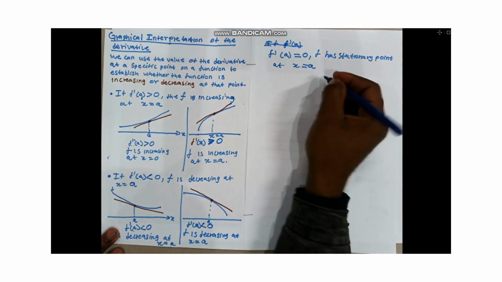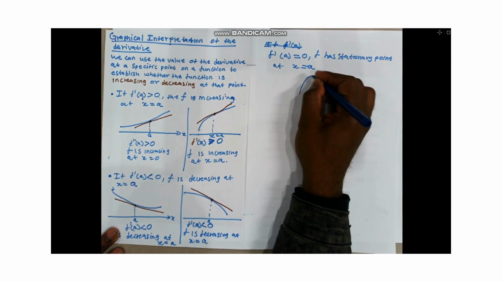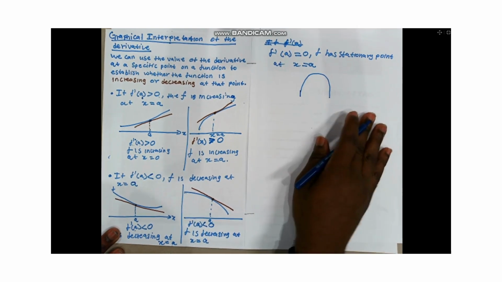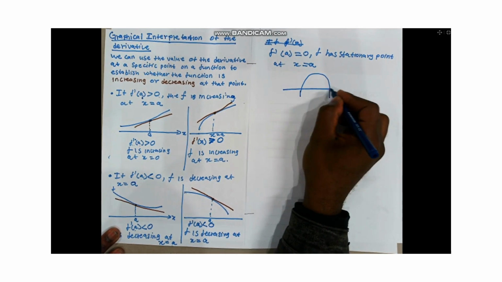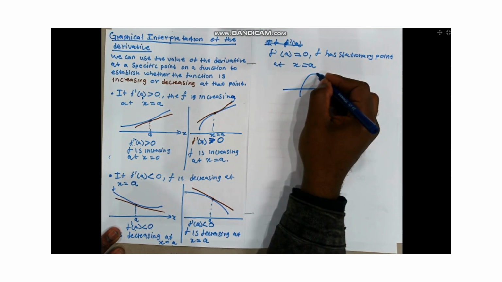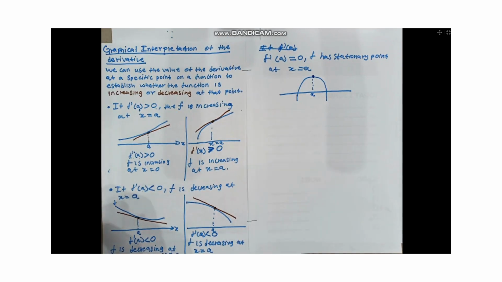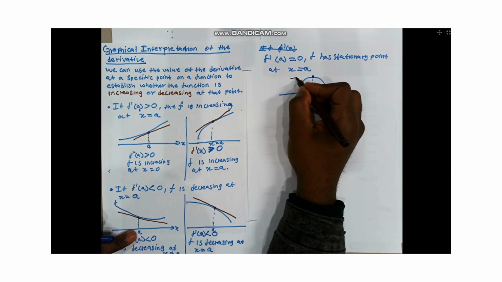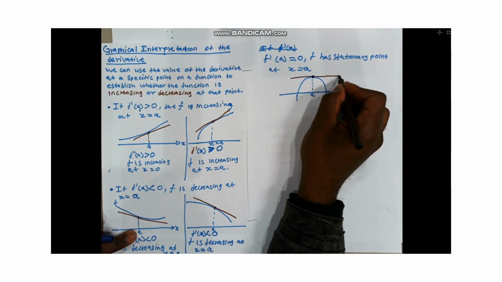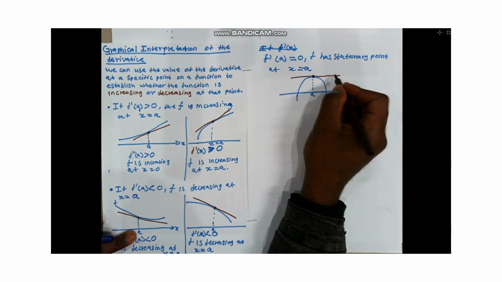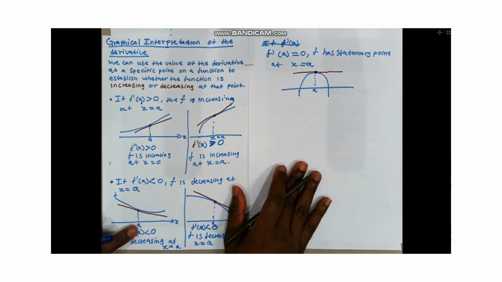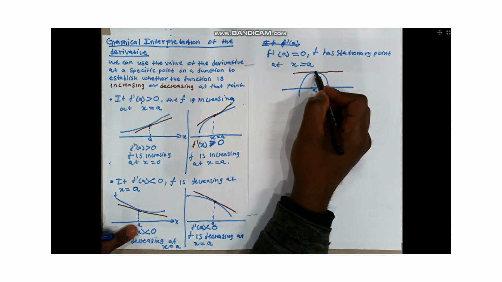Let me just show the graphics before we move on. A stationary point is a point here where the gradient is equal to 0, where this is our point A. This is going to be one of our tangents when it's cutting here. The gradient here is 0.